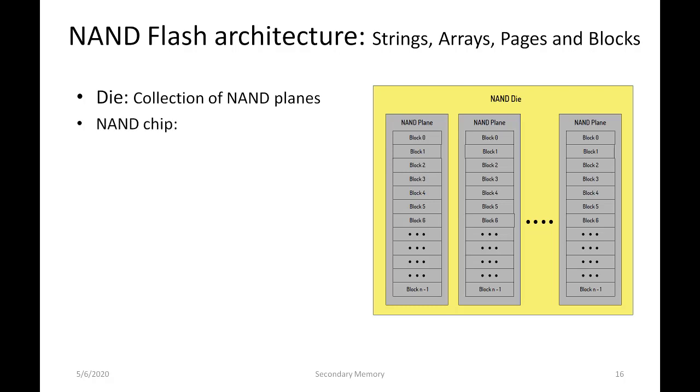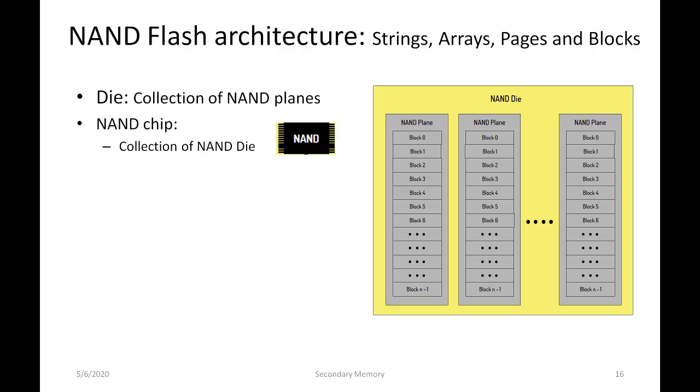A NAND chip is a collection of such NAND dies. It can be a single die or multiple dies, or all these multiple dies can be stacked in the third dimension to form a single NAND chip.